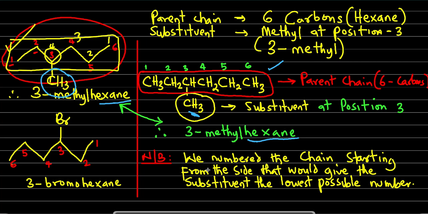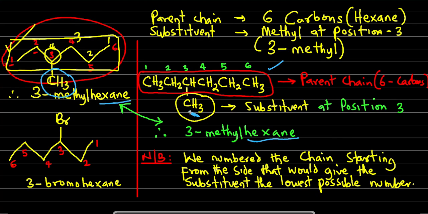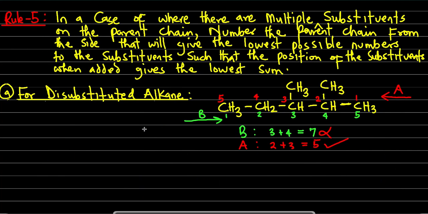If you look at this, we said that we number the chain starting from the side that will give the substituent the lowest number. This is what we discussed earlier. Rule number 5. If you notice what we did previously, in this example we just have one substituent here. But in exams, of course, you're not going to have just one substituent. You're going to have multiple substituents in some cases. So we look at a case, rule number 5.